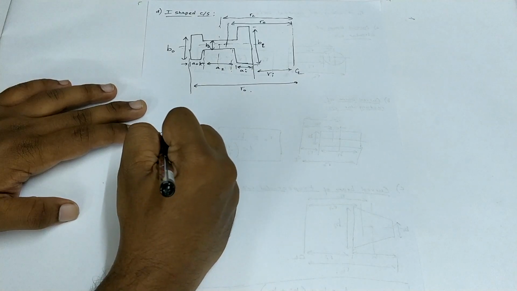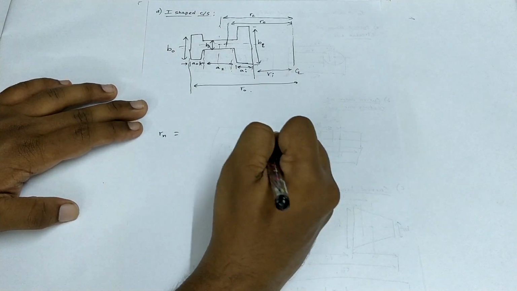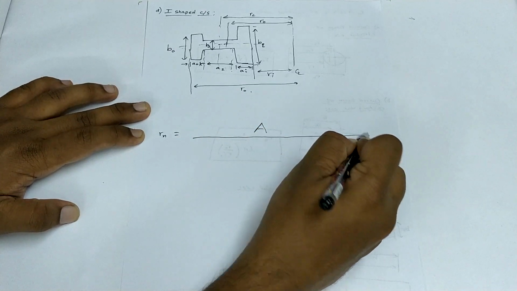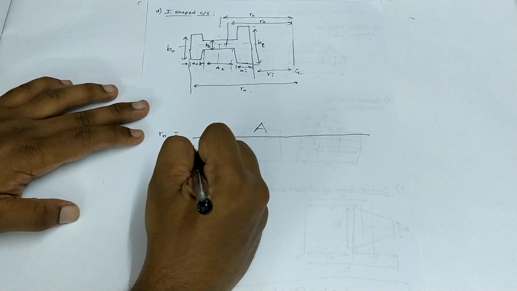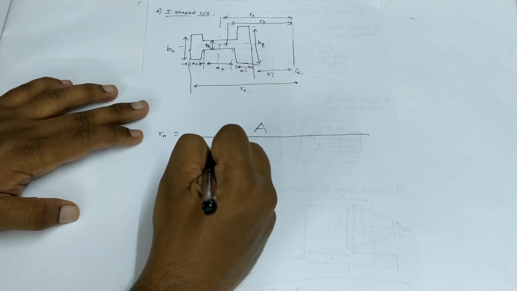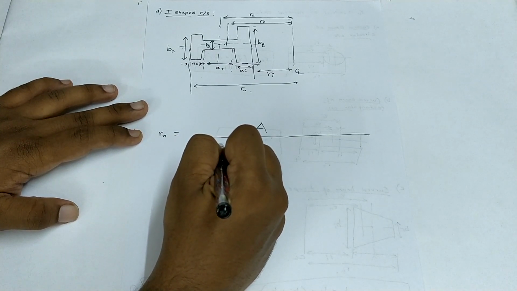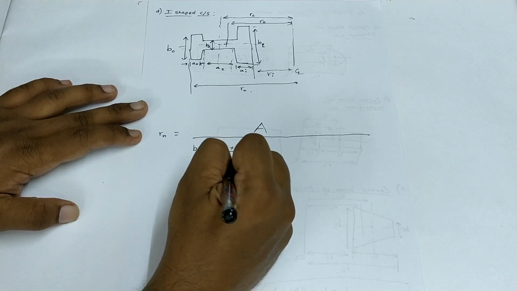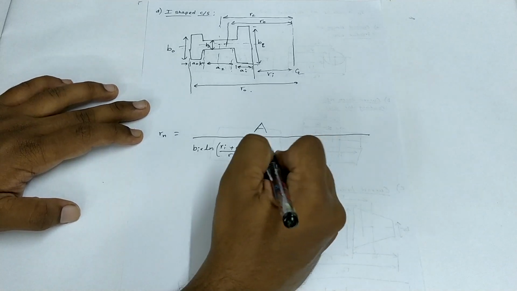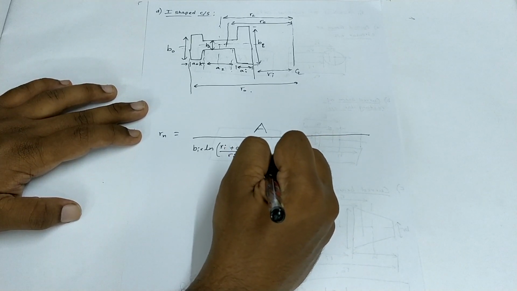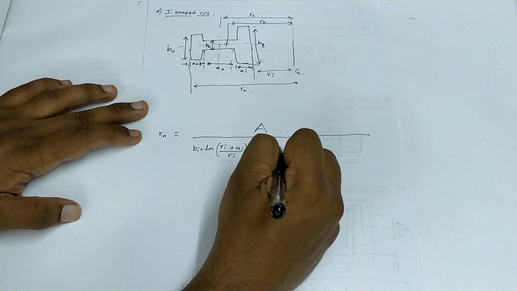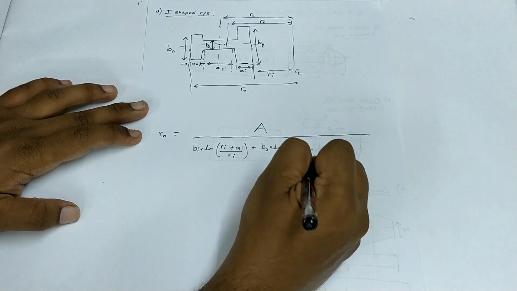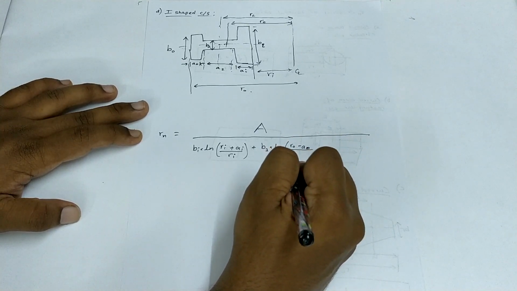Now it's finally time to write the expression for the radius of the neutral axis. That's given by Rn is equal to A divided by, draw a long line because there's lots to write, Bi into natural logarithm of (Ri plus Ai) divided by Ri, put that in brackets, plus B2 into natural logarithm of (Ro minus Ao) divided by (Ri plus Ai).